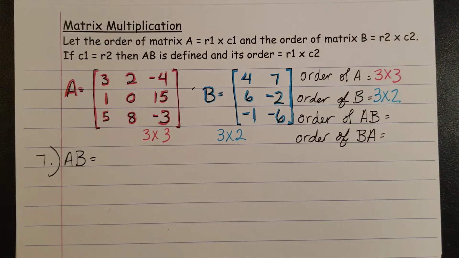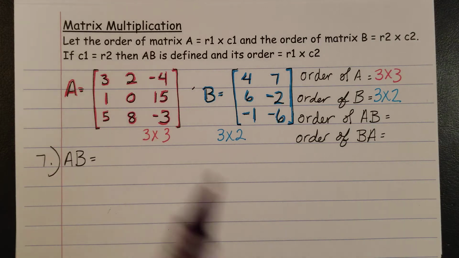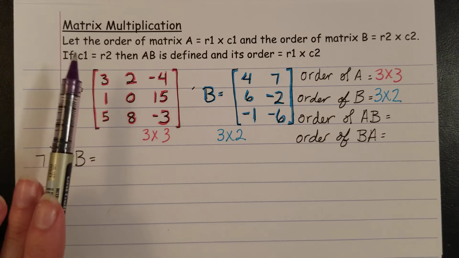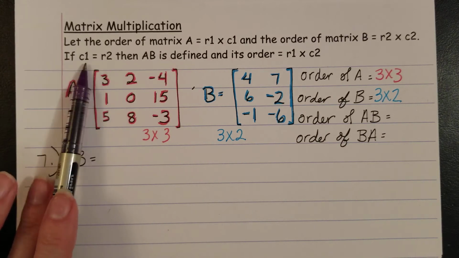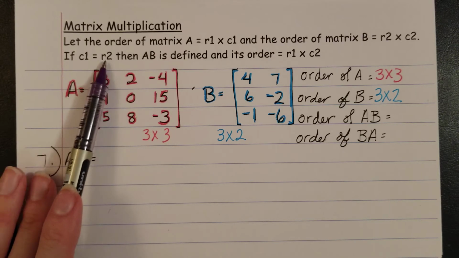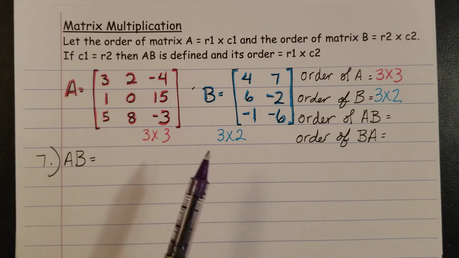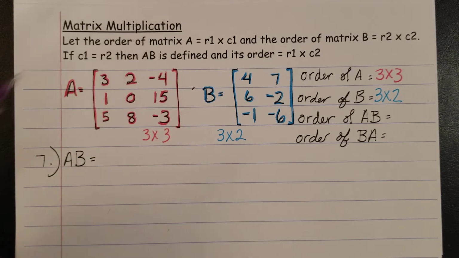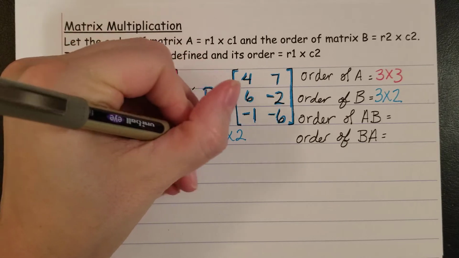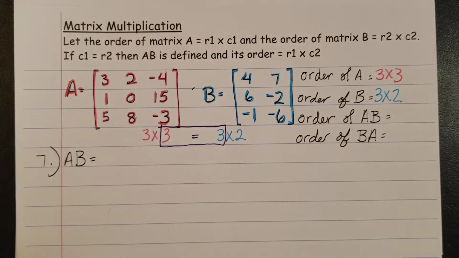So if we want to multiply A times B, the number of columns in the first matrix has to equal the number of rows in the second matrix. The way I do it is I just write these down, and then I check if these two numbers in the middle are equal to each other.